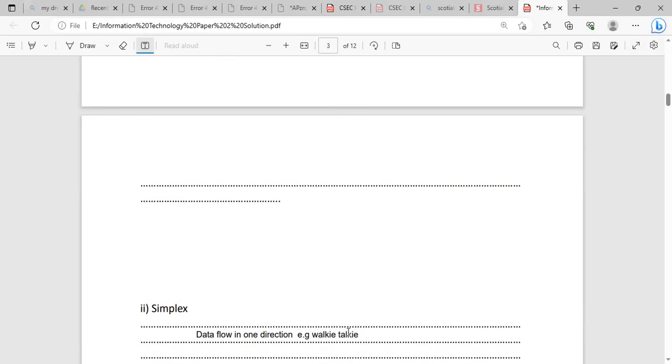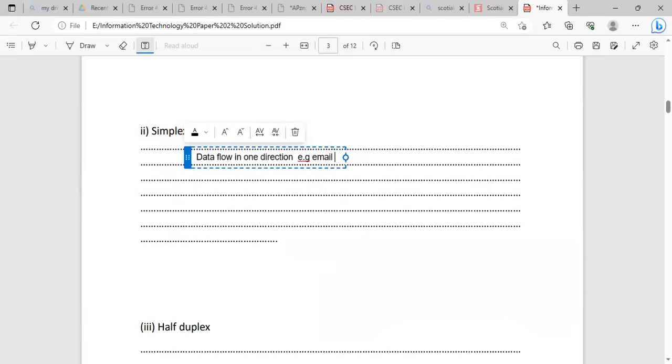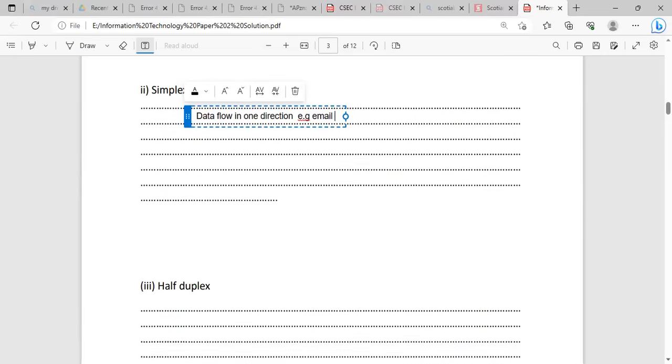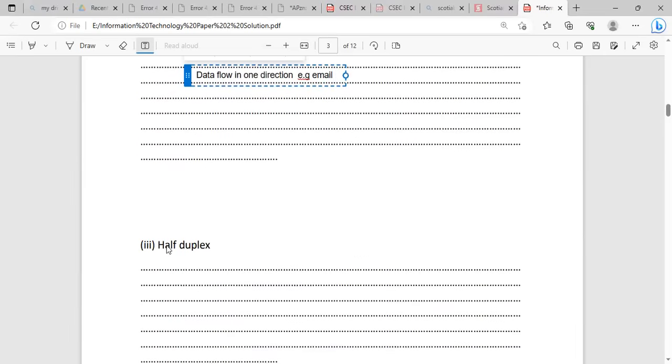It wouldn't be the walkie-talkie. Now the half duplex is when it allows communications that permit data traffic in both directions, but only in one direction at a time. So this would be the walkie-talkie.